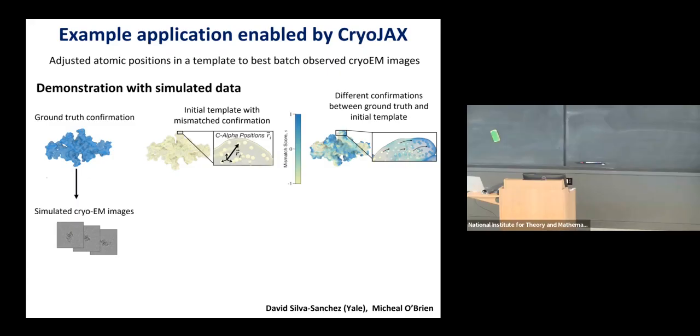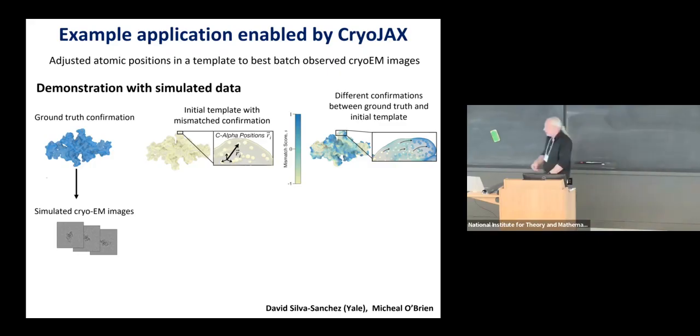There are different ways you can represent the conformation of a protein, but here we're literally talking about the C alpha positions of all of the residues of this protein. If you put this mismatched template on top of the true conformation, they're close, but they have regions where they don't overlap.